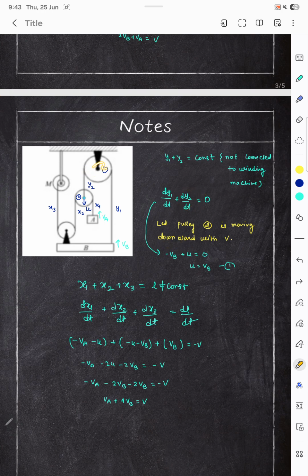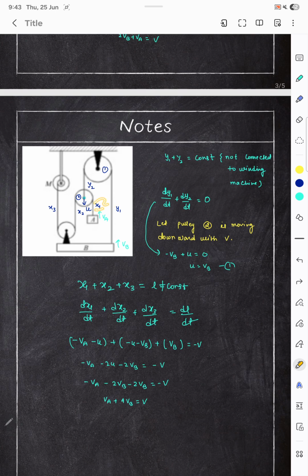This point is fixed, so its contribution is 0, and this point is moving downward, which tries to increase y2, that's why it is plus u. Minus vb plus u equals 0, so u equals vb. Let's consider it as equation 1.